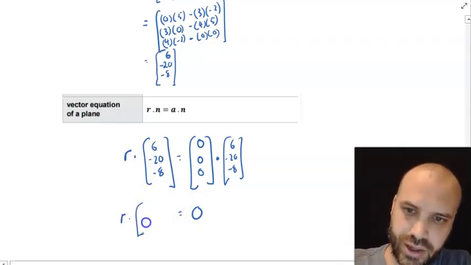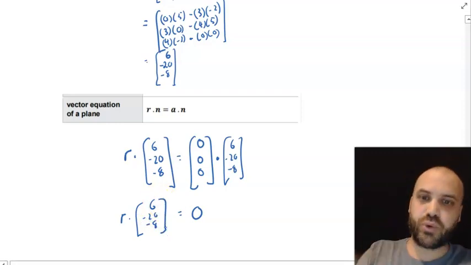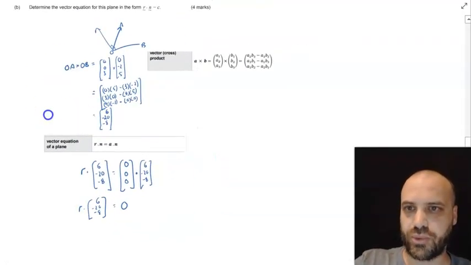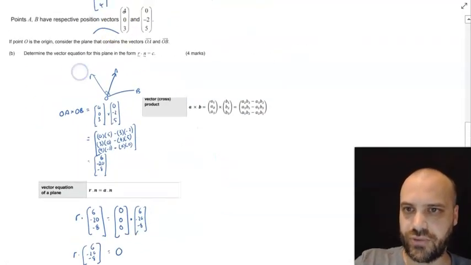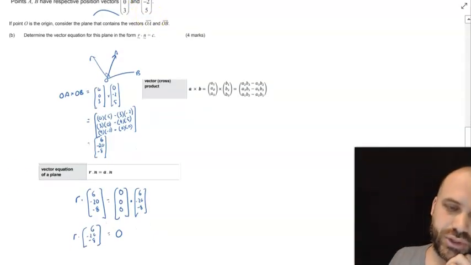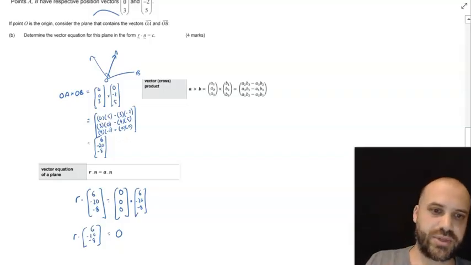All right, and I am done. Now, it would have worked if you put in a different point. For instance, you knew point A from here, and you knew point B from here. You can test that for your own curiosity, but knowing that the origin is on the plane is going to save me some work here.